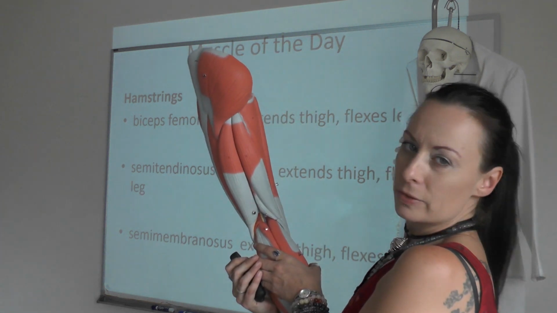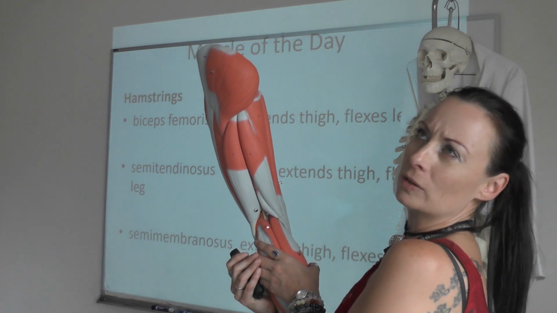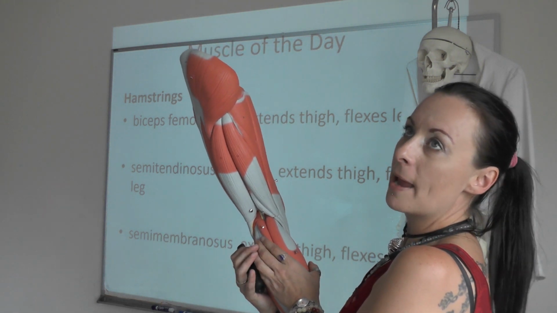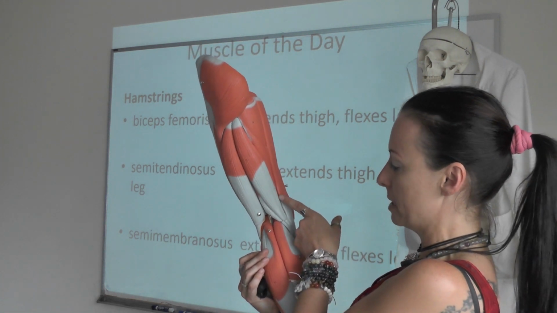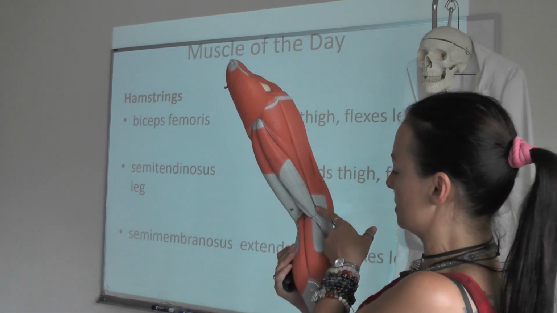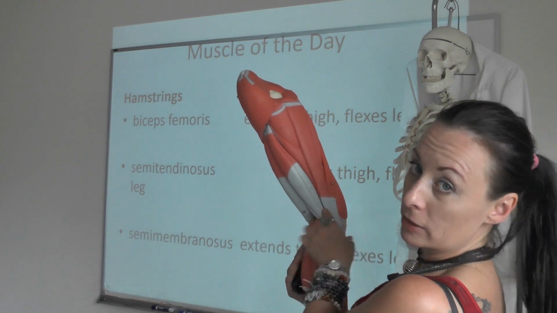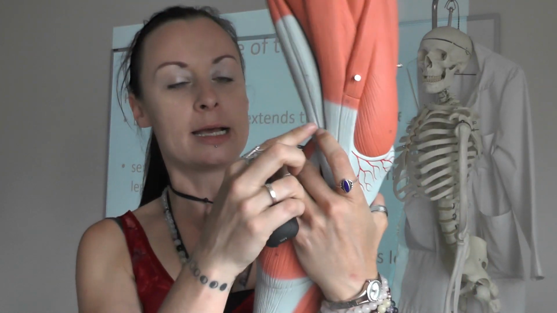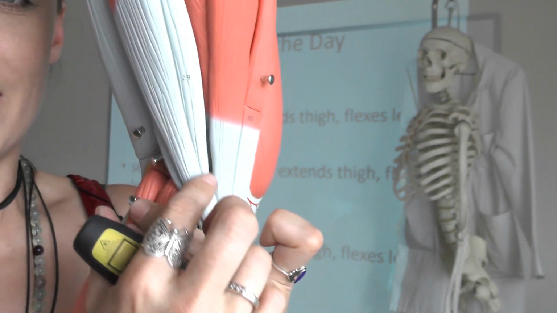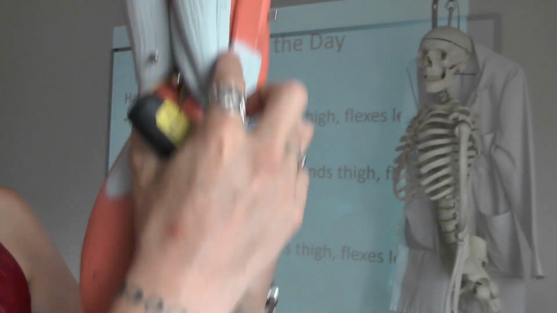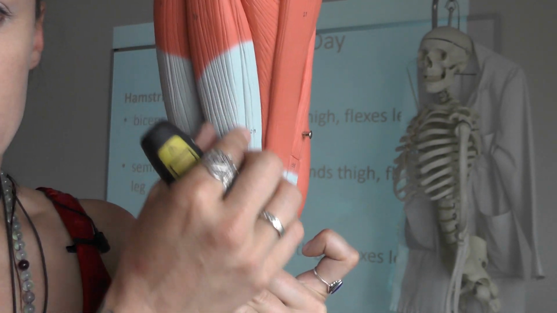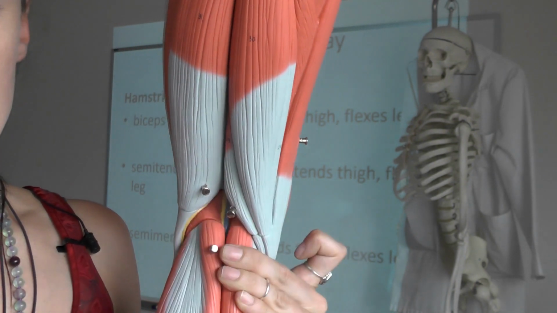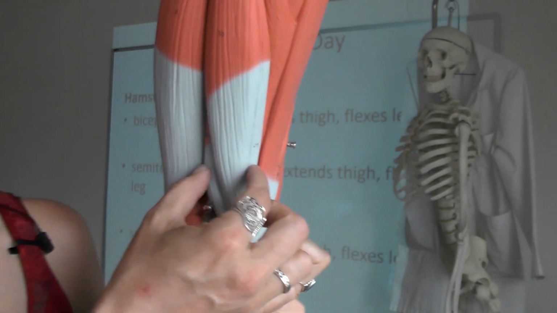I always like to use little mnemonics to help me remember things. Semimembranosus has the most medial attachment, which is kind of weird because you have to look really medial to see it. But you can see semimembranosus is right here, and it's attaching very medially. Semitendinosus is right on top of it. Semimembranosus is actually big and deep to semitendinosus.